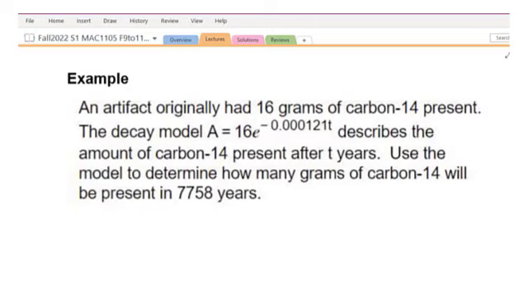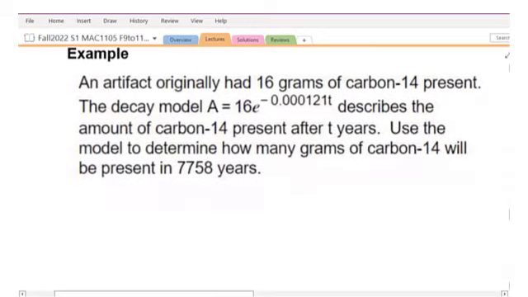Use the model to determine how many grams of carbon-14 will be present in 7,758 years. All right, so what are they asking us to do in this problem? That's right. They've already given us the model. We don't have to find K. We don't have to figure anything out about the equation for ourselves in this problem. They're just asking us to plug in. So this is really just a calculator problem.